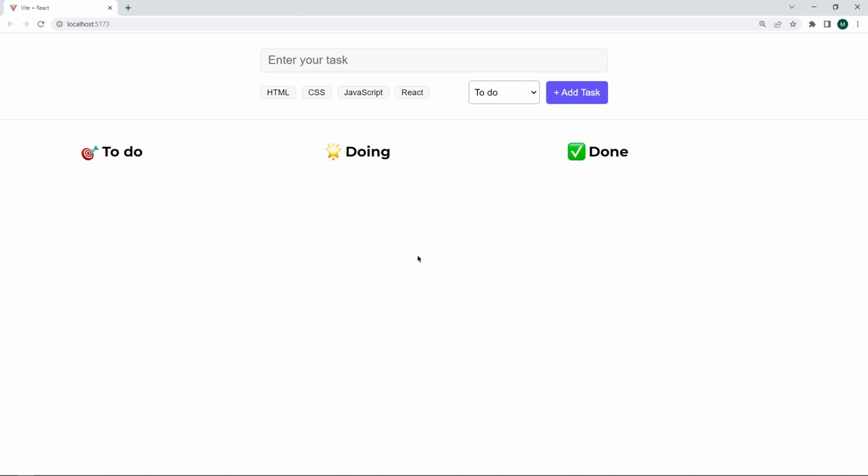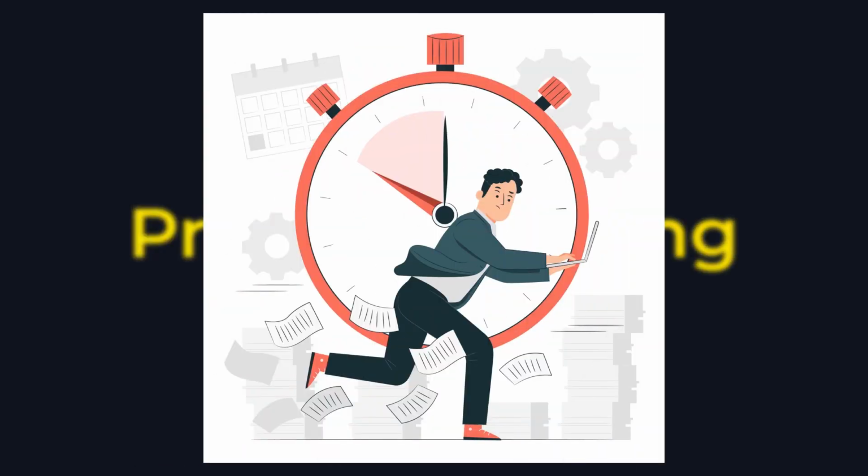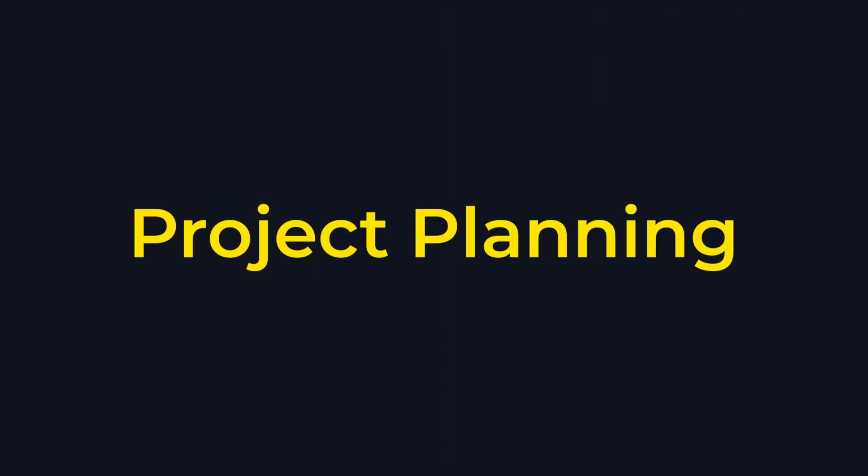Now before we start building any project, I personally like to plan the process of creating the project. With a plan, we can save a lot of time and effort. That's the secret why I create projects fast and without writing useless code. It is completely fine if you don't want to follow this process, or you can make your own process. So let me tell you how I think about creating a React project.